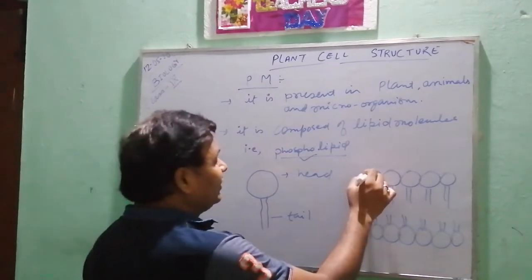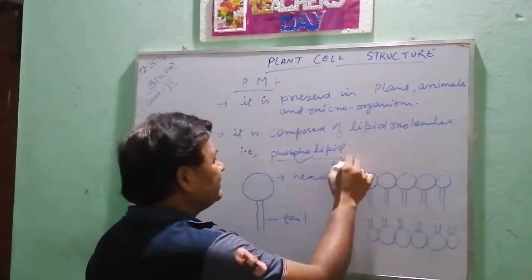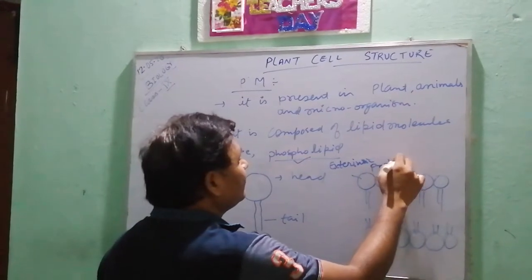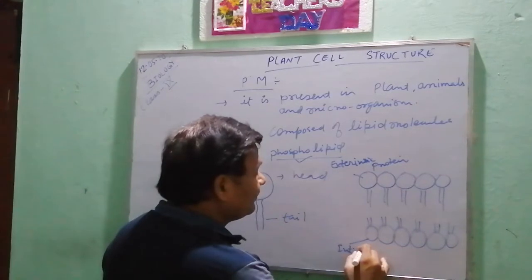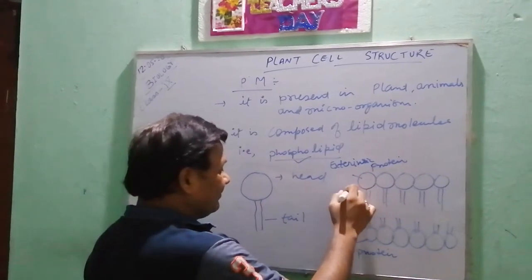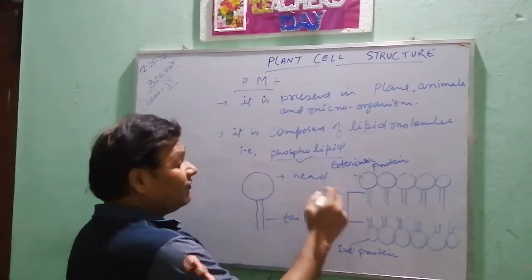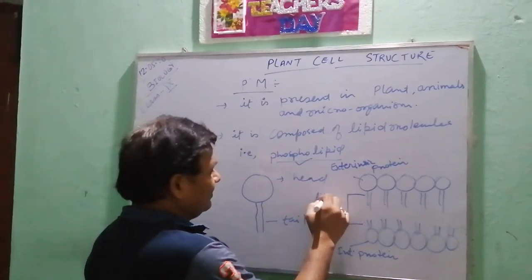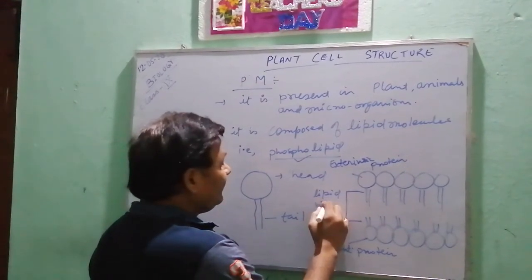This one is the protein portion that we call extrinsic protein, and this is intrinsic, that means inner side protein. This one is a lipid layer, and this one is also a lipid layer. That's why we call it the phospholipid bilayer, lipid bilayer.